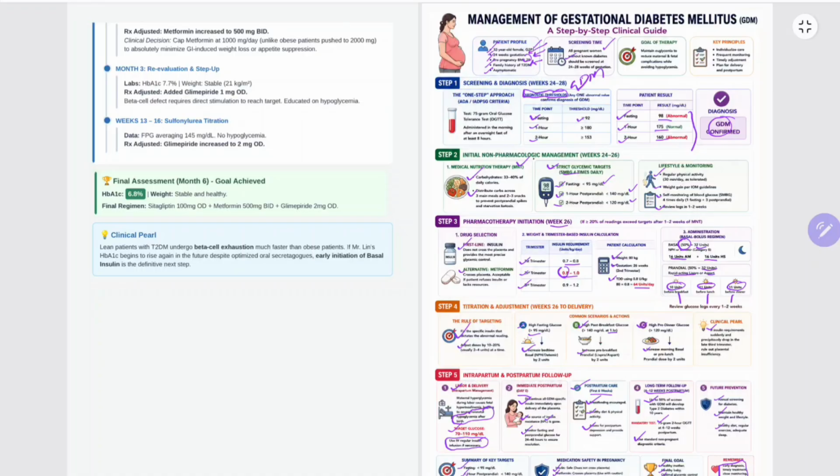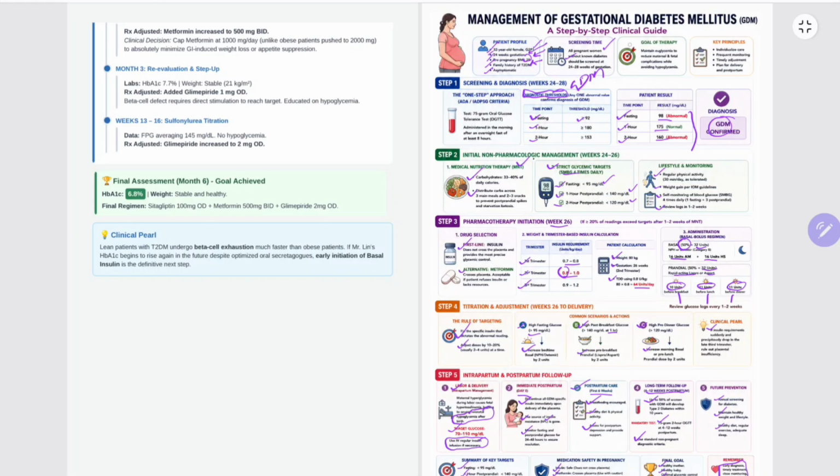These pregnant ladies should be monitored for development of type 2 diabetes mellitus. They should have at least one OGTT done between 1 to 3 months. At the end of the treatment, the goal is to have a healthy mother with a healthy baby.